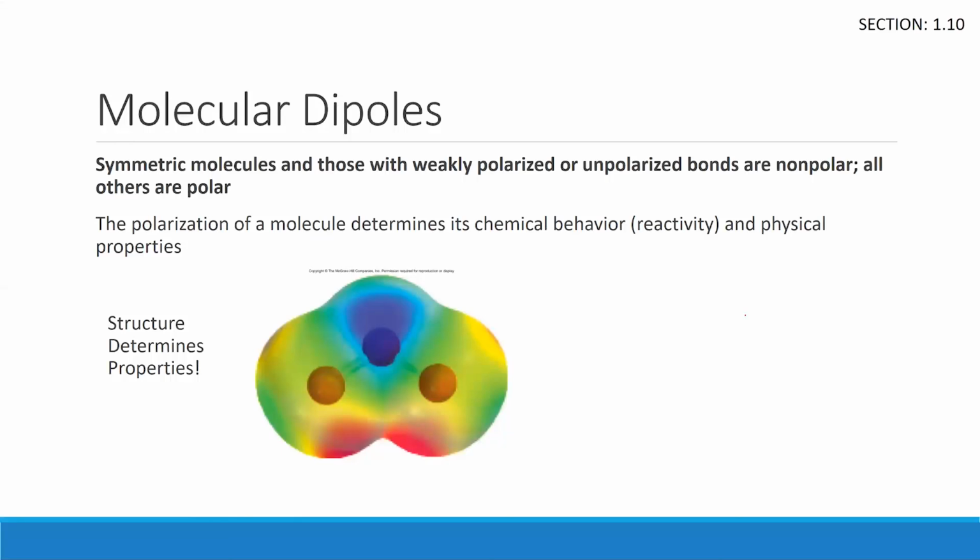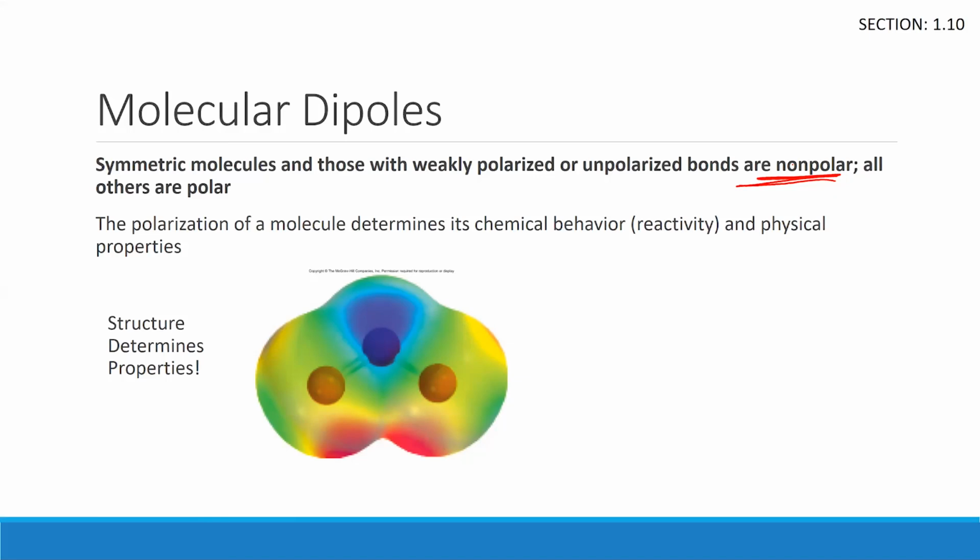So again, remember, symmetric molecules that are completely symmetric, or if they have weak dipole bonds in between, are nonpolar. Symmetric things are nonpolar. Even if they have very, very polar bonds and they're symmetric, those bonds are going to cancel each other out. However, all other molecules, ones that are not symmetric, are going to be polar.